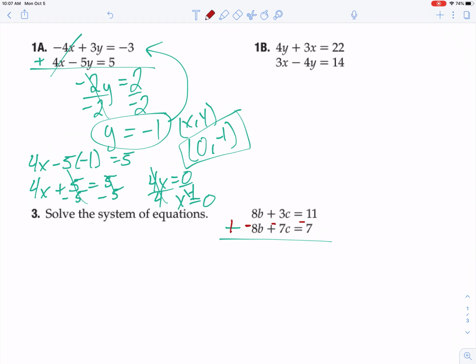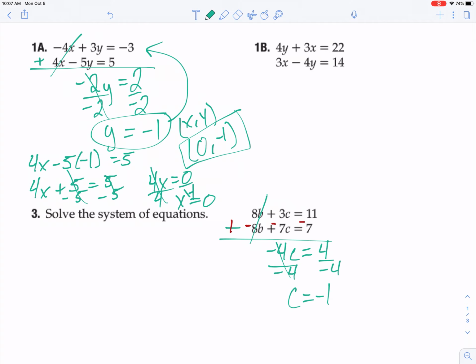That's going to help me remember to subtract all of them. Because now I have 8 minus 8, or 8 plus a negative 8. That cancels. 3 plus a negative 7 is the same thing as 3 minus 7 is negative 4c. And 11 plus a negative 7, which is the same thing as 11 minus 7, is a positive 4.